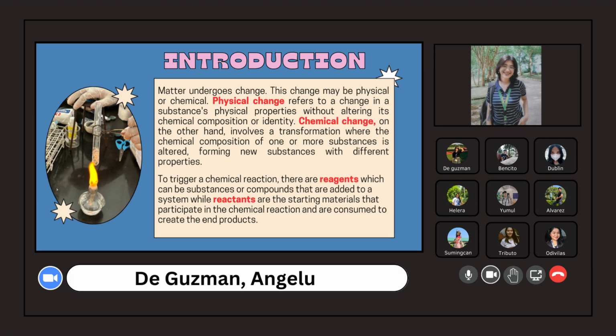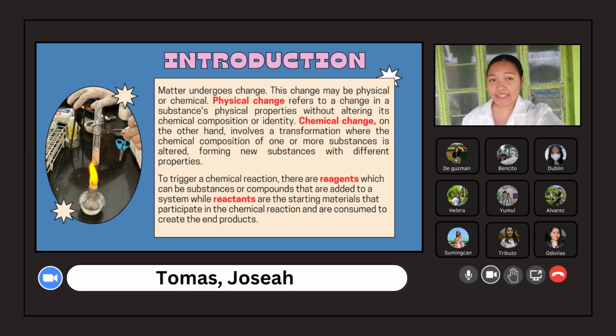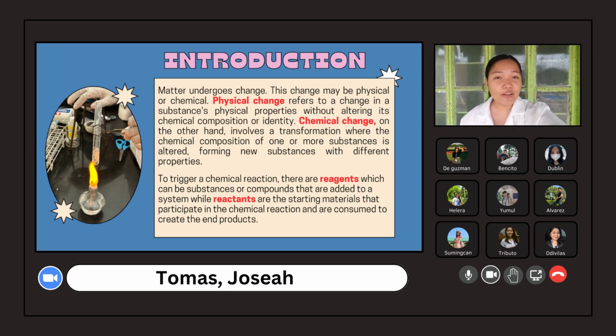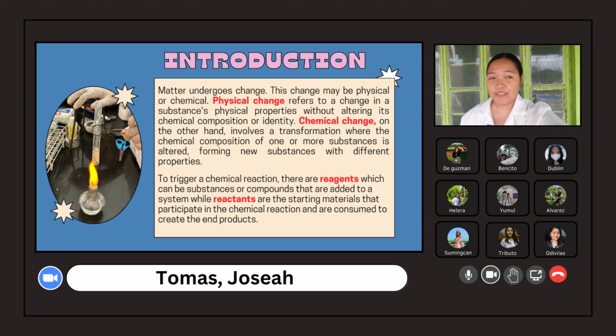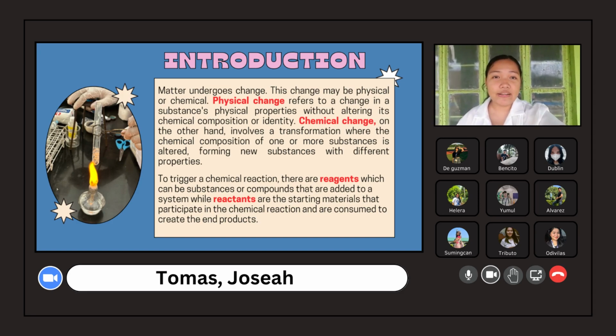Reactants, on the other hand, are starting materials that participate in the chemical reaction and are consumed to create the end products. In summary, the key difference between physical changes and chemical changes lies in whether the fundamental chemical composition of the substance is altered. Physical changes only affect the physical properties, while the chemical changes involve the creation of new substances with different chemical properties.